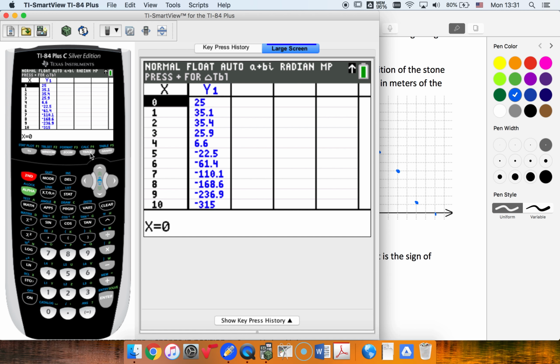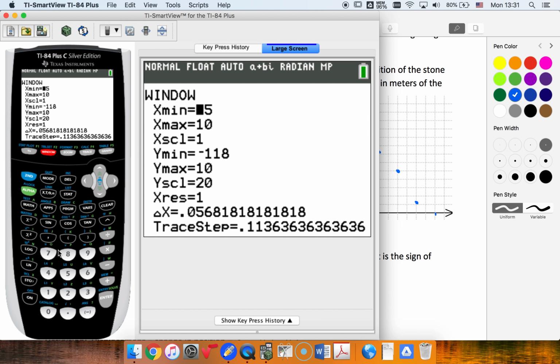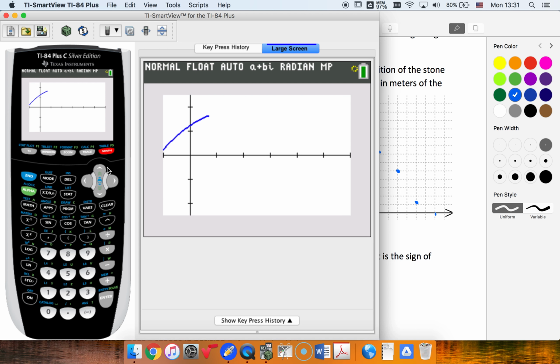So let's go ahead and find our max. Let me first think about my window. Let's go -1 to 6, and it looks like we can have our min go from about -50 up to about 50. Counting by 20s is okay. So here's my parabola.